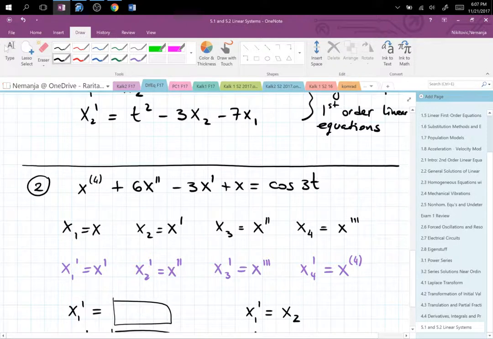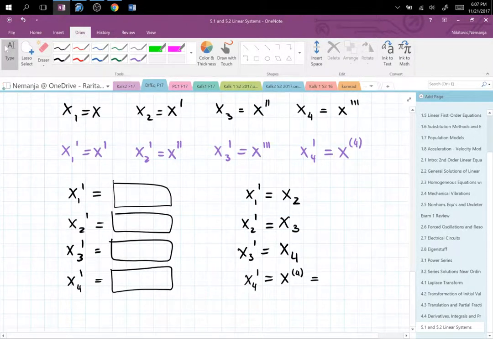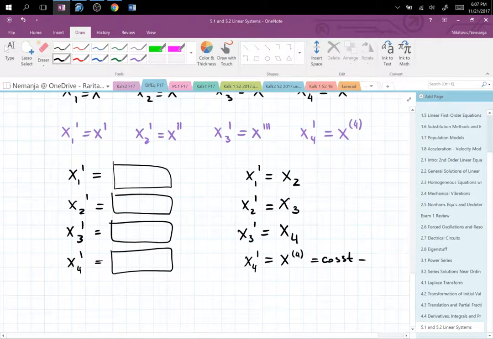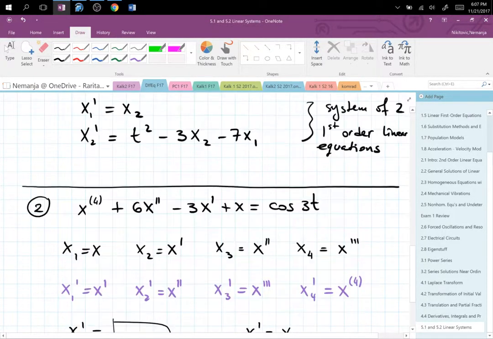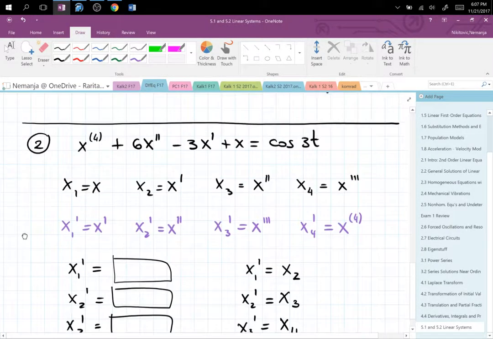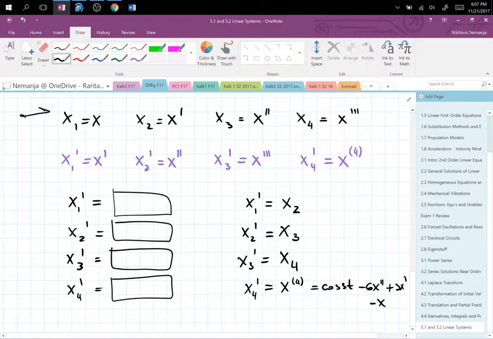If you solve the original equation, you get cosine 3t minus 6x double prime plus 3x prime and then minus x. We are not allowed to use any of these, so we have to go back to the first row over here and replace all of these x primes and x double primes with values.